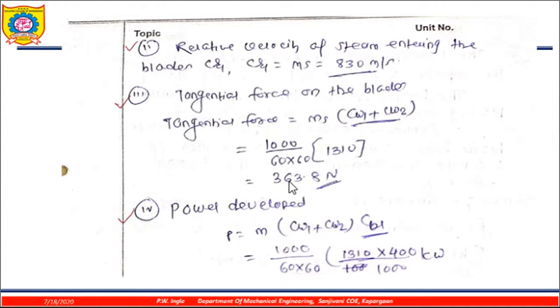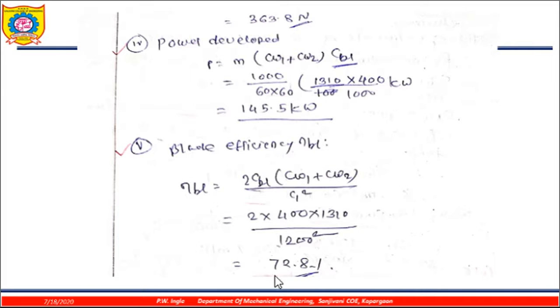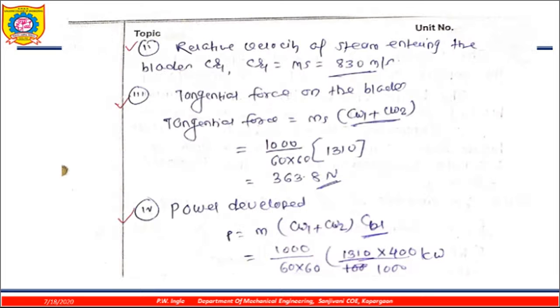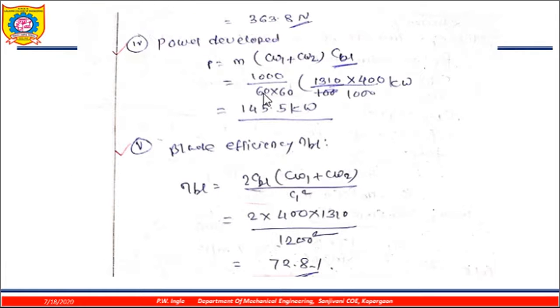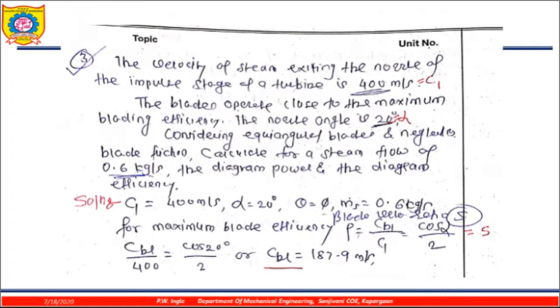Then you get 363.8 Newton. Then the power developed is this force multiplied by CBL. And then the blade efficiency comes out as 72.8.